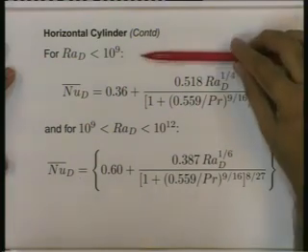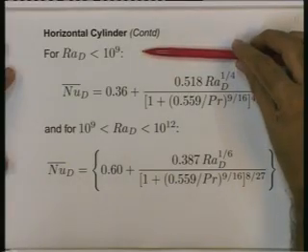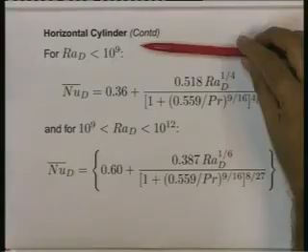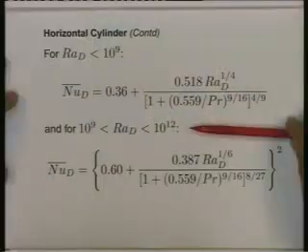When the Rayleigh number is below 10 raised to 9, you can assume that the boundary layer and the plume, or the part of the plume near the horizontal cylinder, are essentially laminar, whereas when the Rayleigh number exceeds 10 raised to 9, part of the boundary layer and the plume will be in turbulent flow zone.